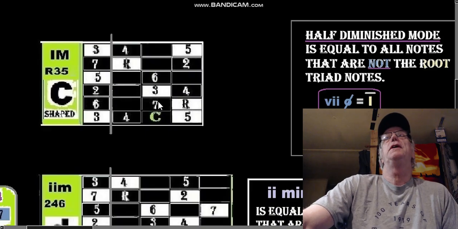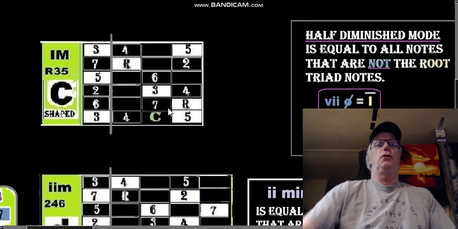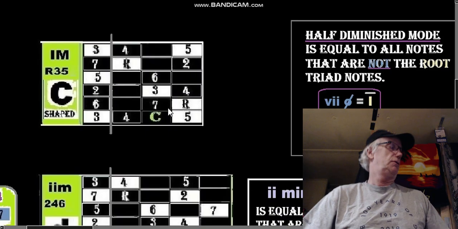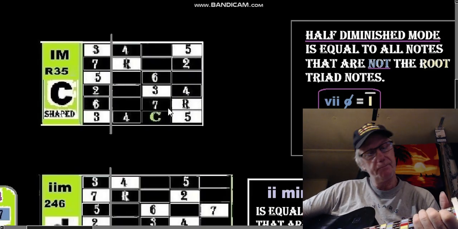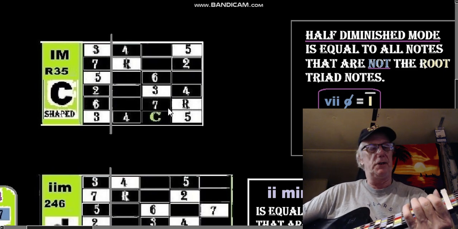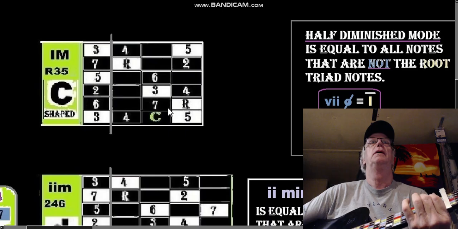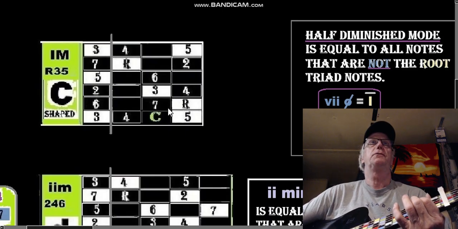This is the method of playing all notes that are not in the root triad. Here's your root triad, right? The notes that are not in the root triad are like the 4, okay, the 6, the 7, because we're talking triads, so the 6th of the root of the Ionian isn't there.